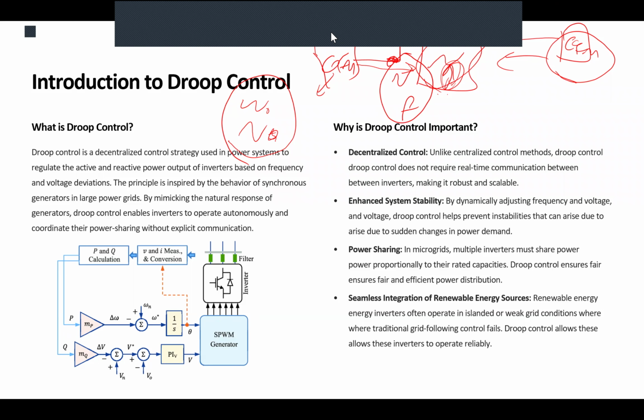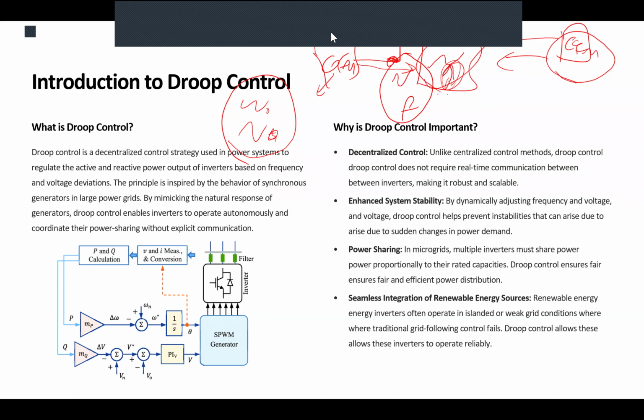They are based on strict settings. They want to keep the frequency, the level of voltage, or the speed of the machine at a certain level. So they do not connect to any centralized controller or any other inverters to see what the settings should be. They have their settings, and they only follow those settings. Right, so independently.